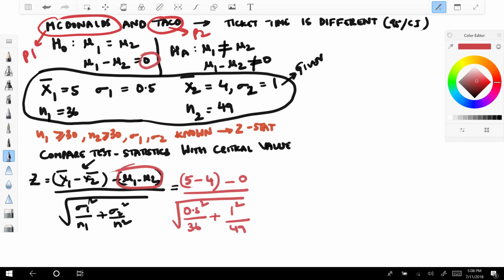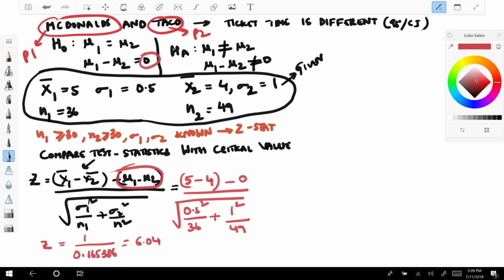So the Z value which we obtain will be 1 divided by 0.165386, which is 6.04.